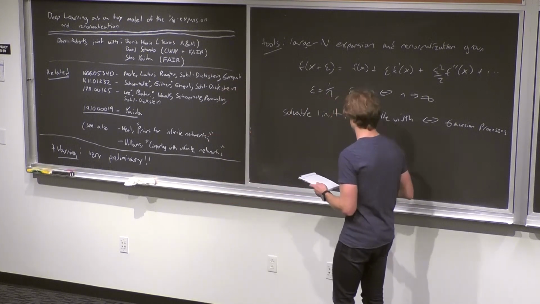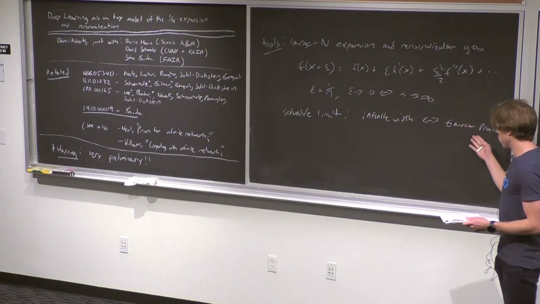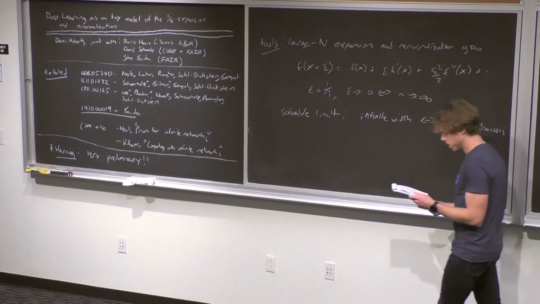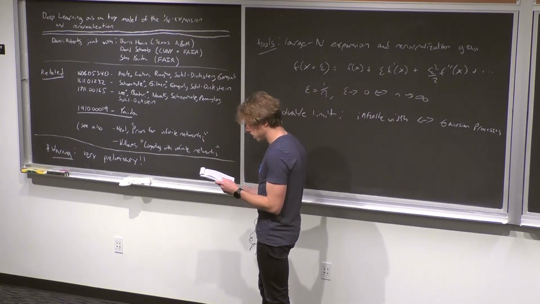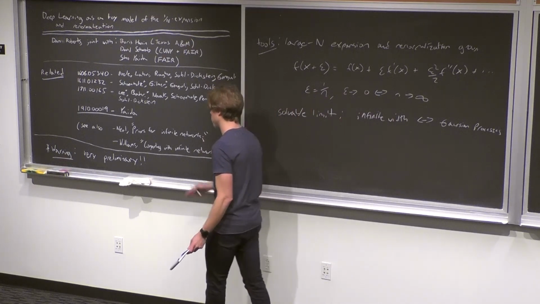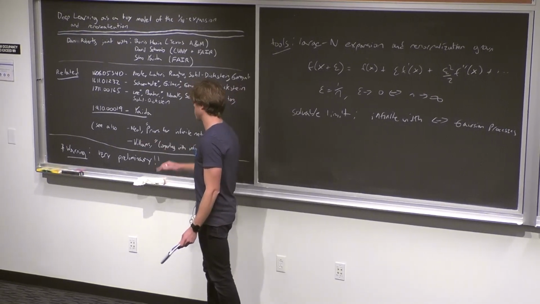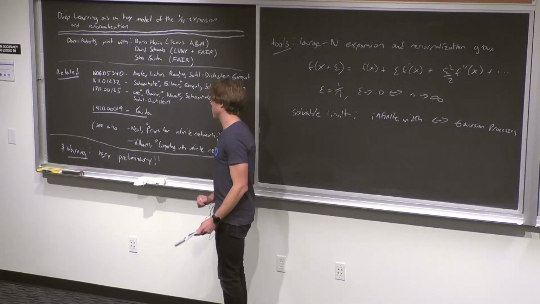The reason this is interesting is because in this limit, the Gaussian process yields a prior for the network outputs, which can be used for Bayesian inference, which was first outlined in this paper by Williams and also addressed in this paper by Lee and Bahri.